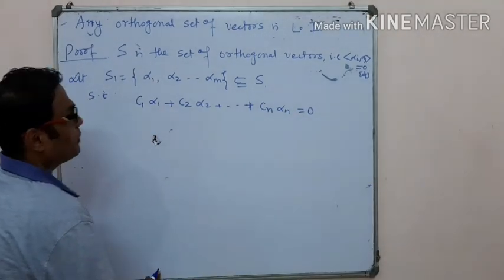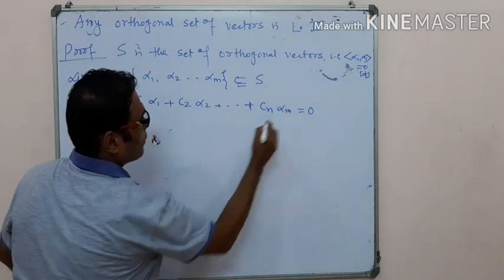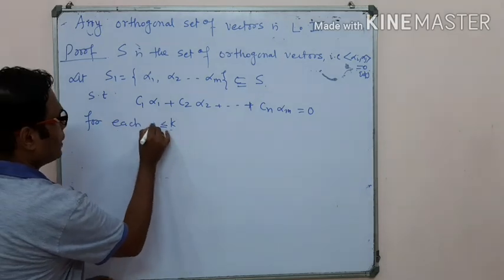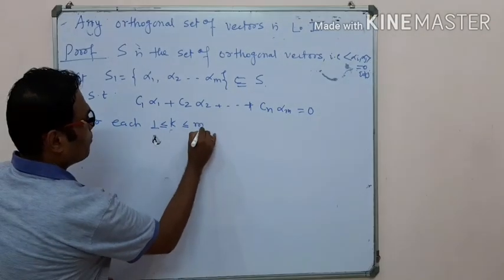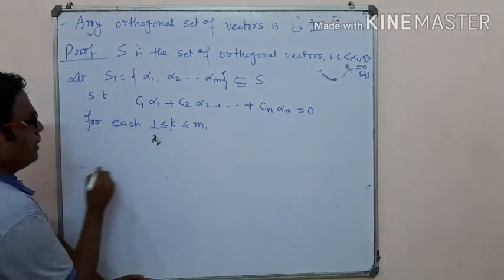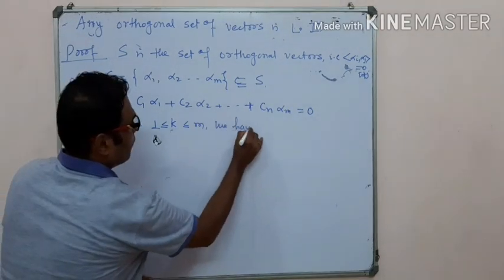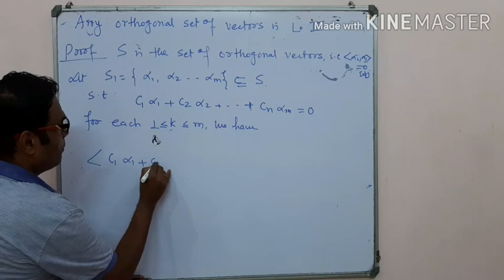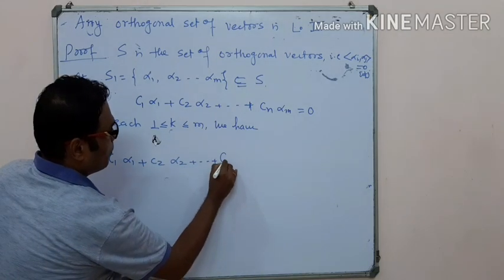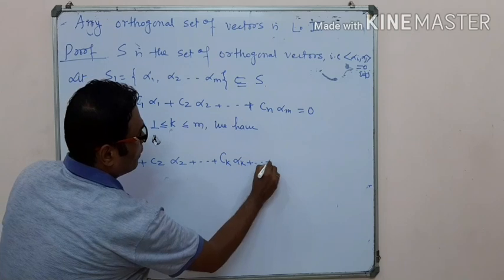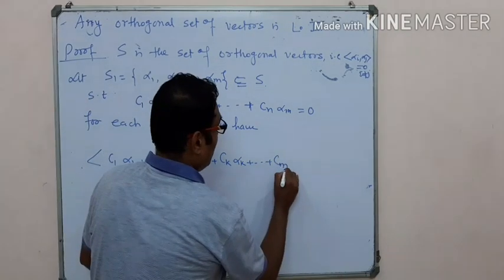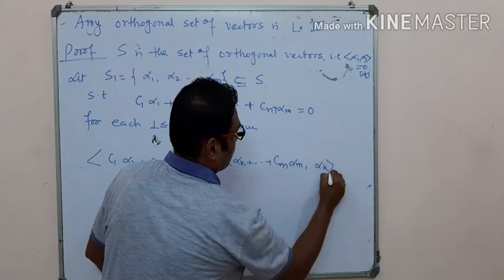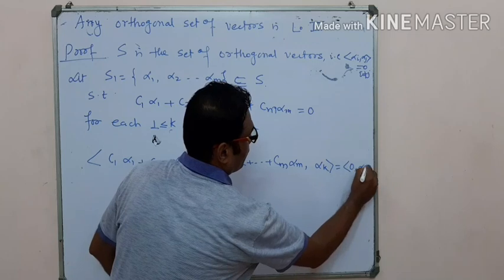Now for each k, which is greater than or equal to 1 but less than or equal to m, we have the inner product of C1 alpha 1 plus C2 alpha 2 plus ... plus Ck alpha k plus ... plus Cm alpha m with alpha k, which is equal to the inner product of 0 comma alpha k.